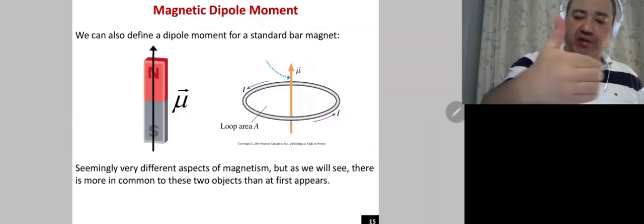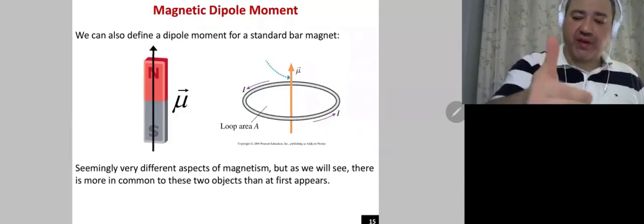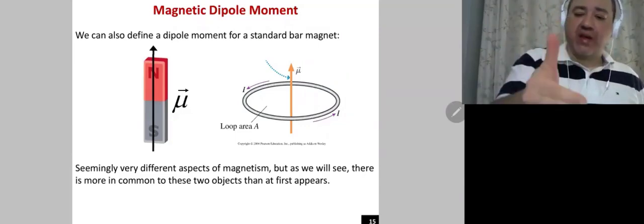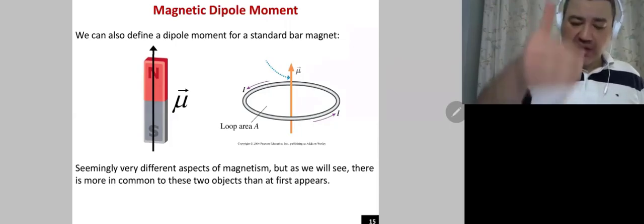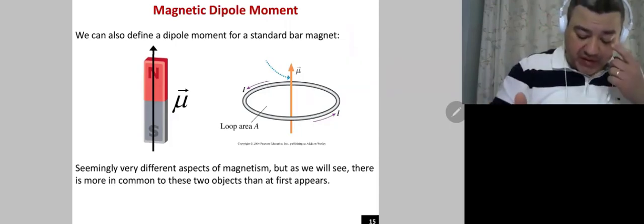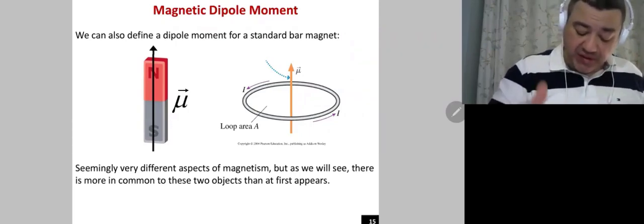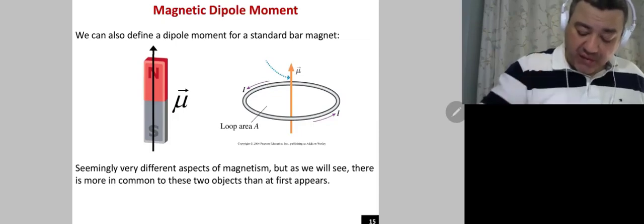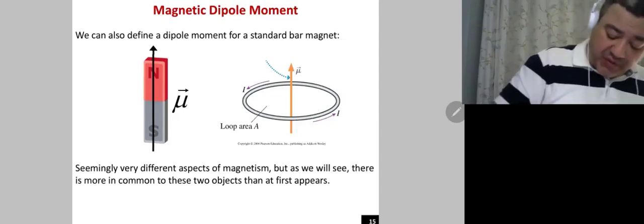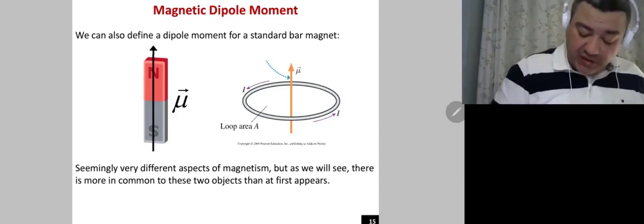Again, the direction of the current is defined by the fingers, how they're rotating, and then the thumb is the generated magnetic field or the magnetic dipole moment. Both of them have the same direction, magnetic dipole moment and the magnetic field. So the magnetic dipole moment would be pointing, as you can see here, upward.